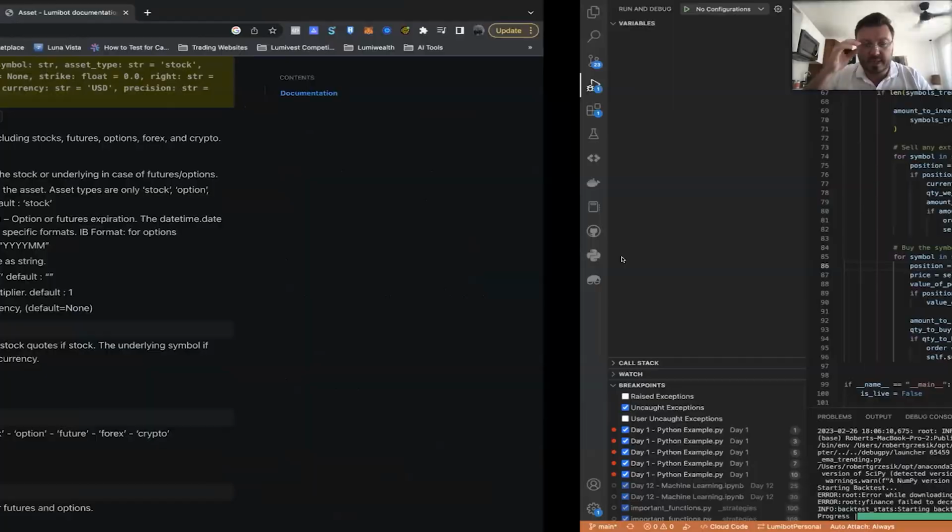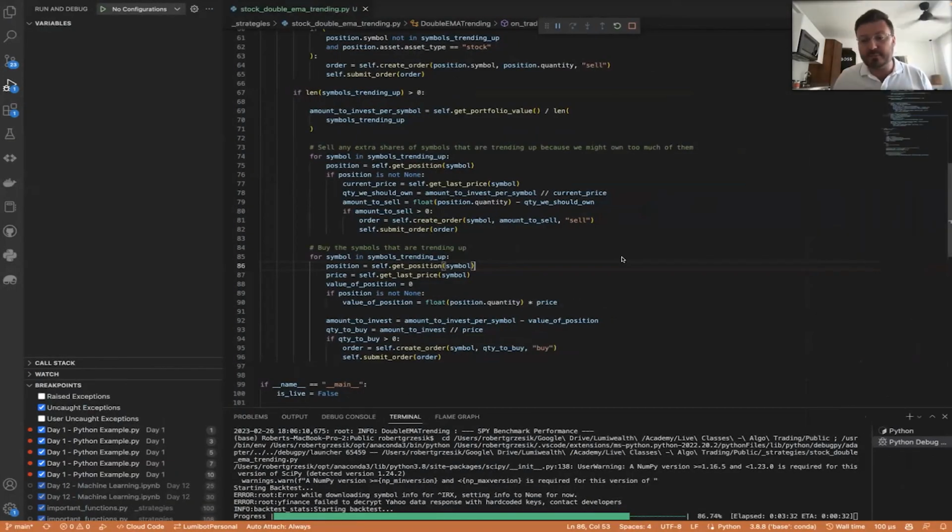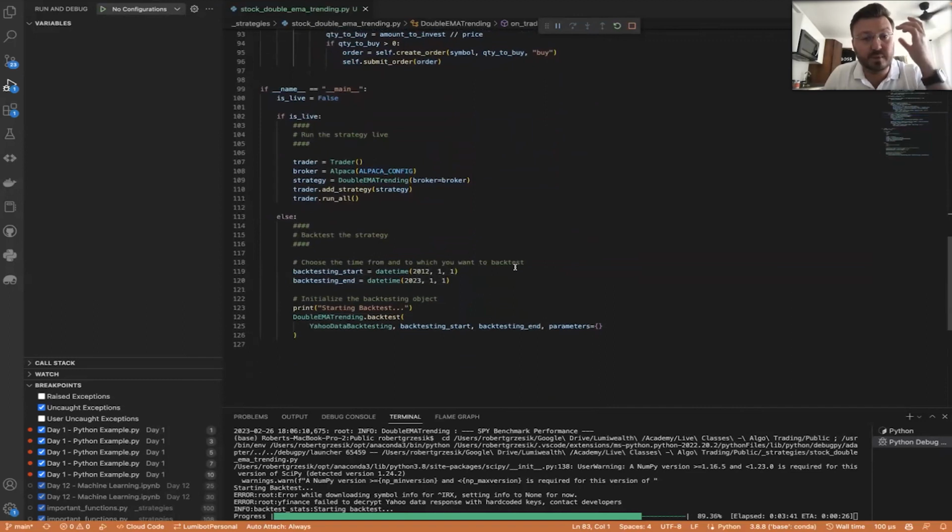All right, guys. Okay, so looking at this backtest, we're almost there. We're about 30 seconds in, so we'll get a result pretty soon. By the way, you know what I would usually do when I'm doing this sort of thing. This is a pretty long time frame. This is 10 years. When I'm first starting a strategy, usually what I'll do is I'll reduce this to like 1 year, right?